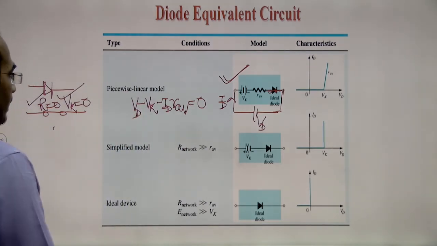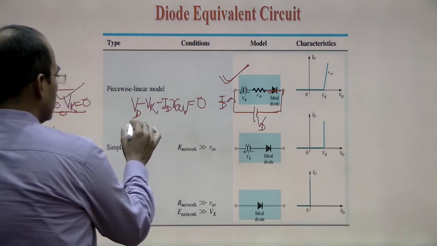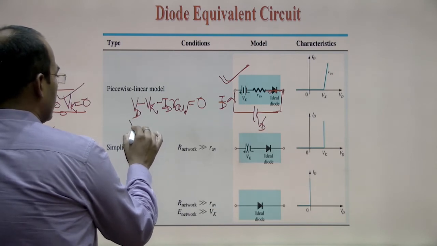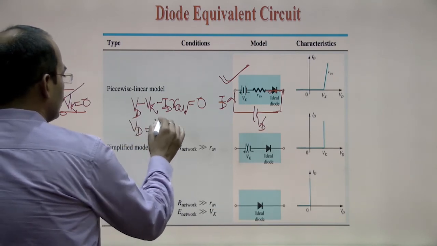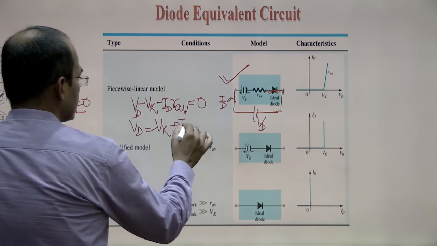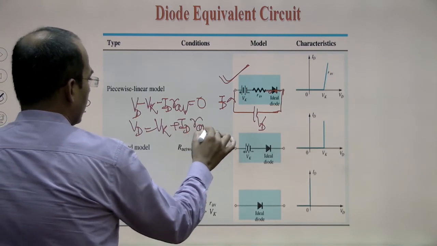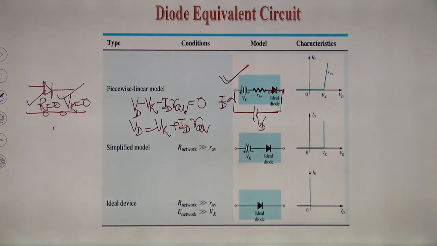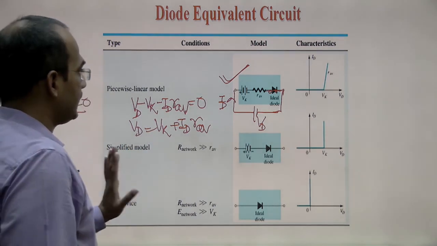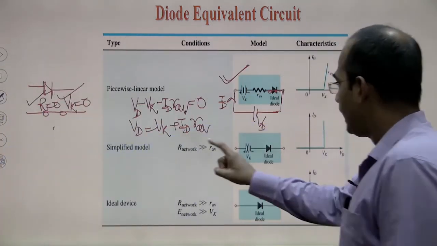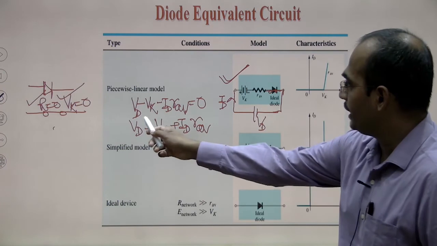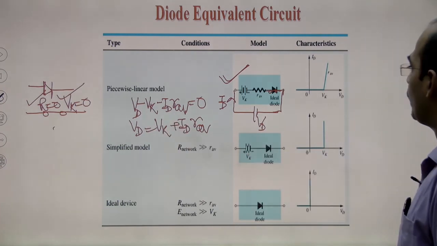So Vd is equal to Vk plus Id into RAV, or Vd minus Vk is equal to Id into RAV.